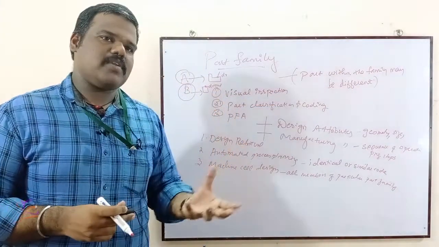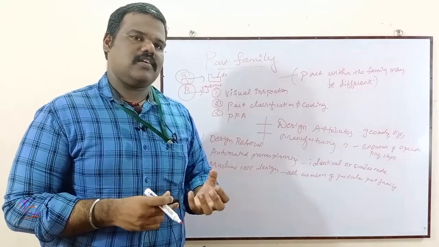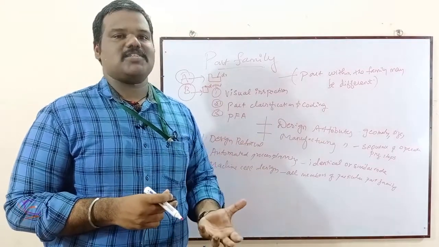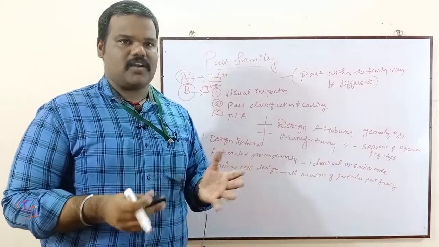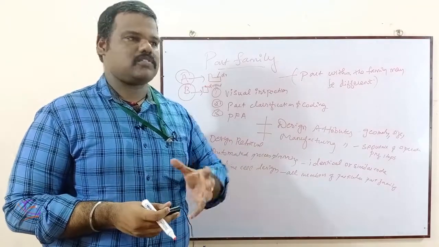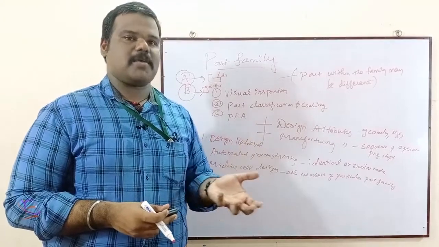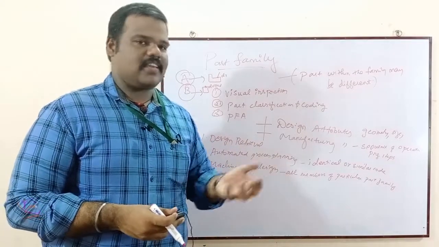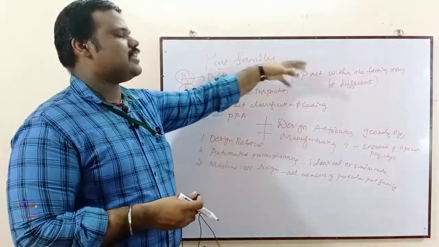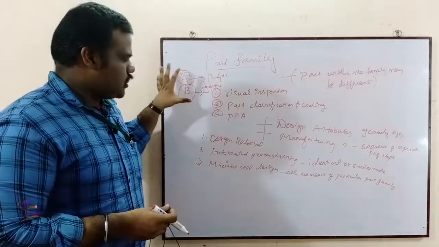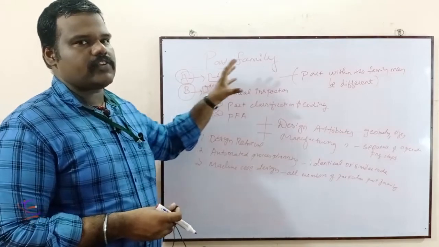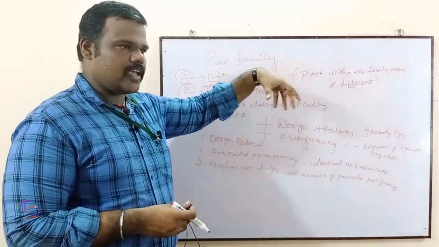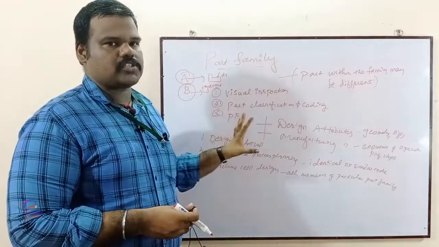See, in a family there are people with different shapes, sizes, or characters, but there will be some similarity because they might be of the same blood. Likewise, in manufacturing, the parts within the family might be different, but there will be some similarities either in design or in manufacturing attributes.